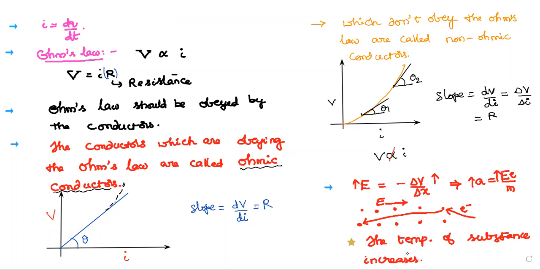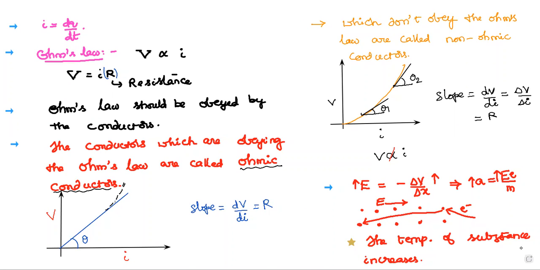When the temperature increases, what happens again? The vibration of atoms increases. Why? Because they are losing the energy, the atoms only. So the vibration increases, then resistance also changes.